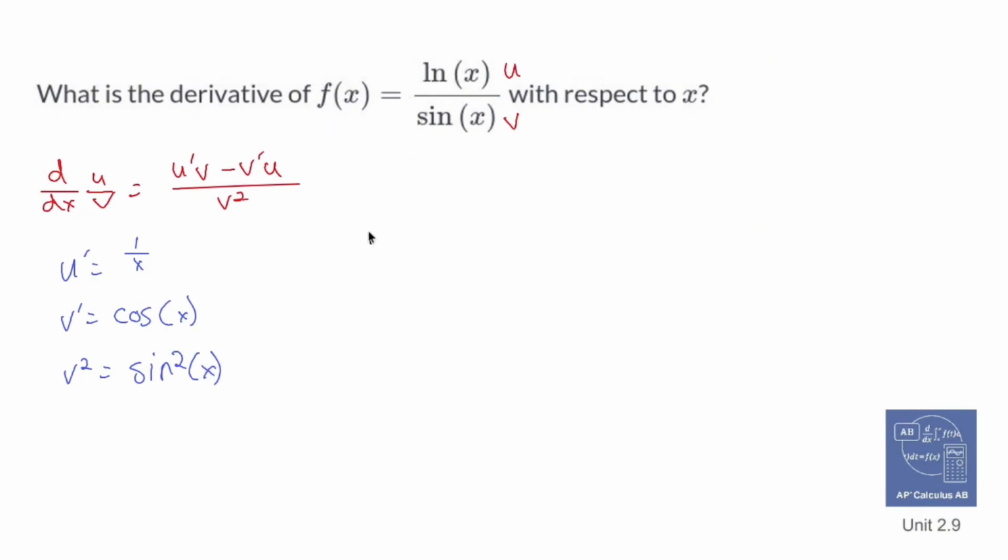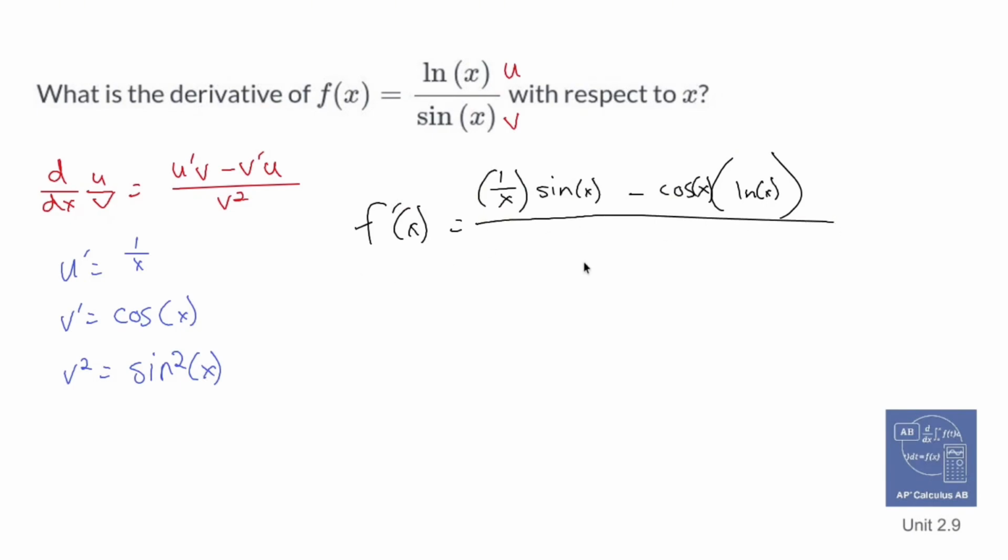Let's call it f prime of x is going to equal u prime v, so 1 over x times v, which is sine x, minus v prime, which is cos x, times regular u, which is ln of x, all over v squared, which is sine squared x.